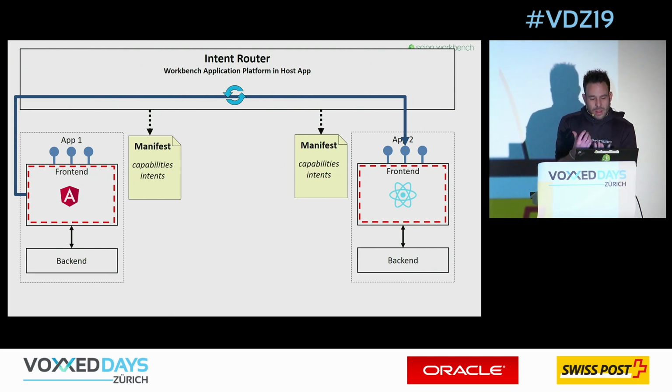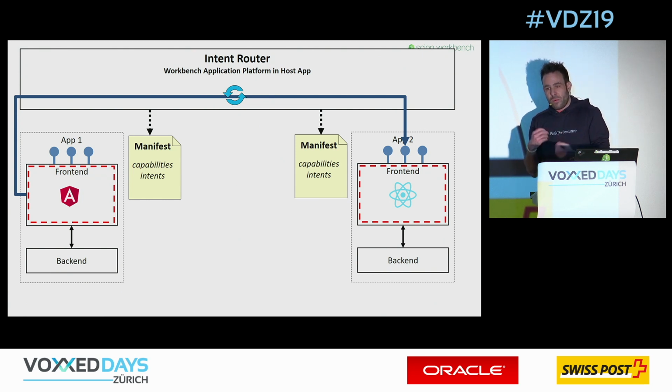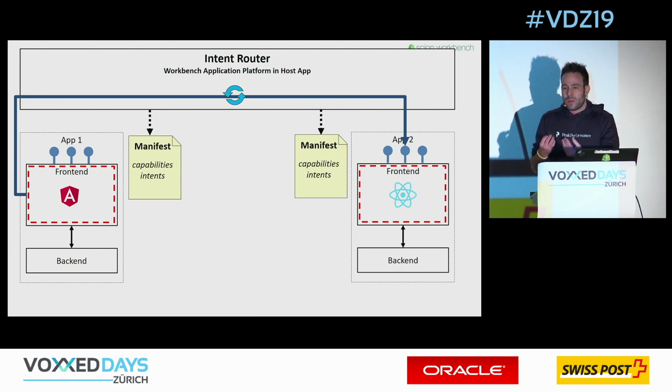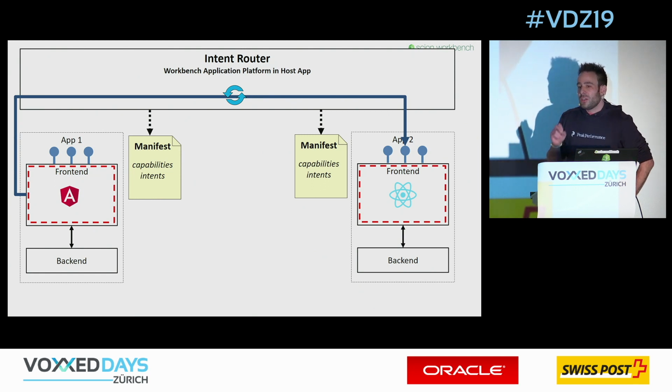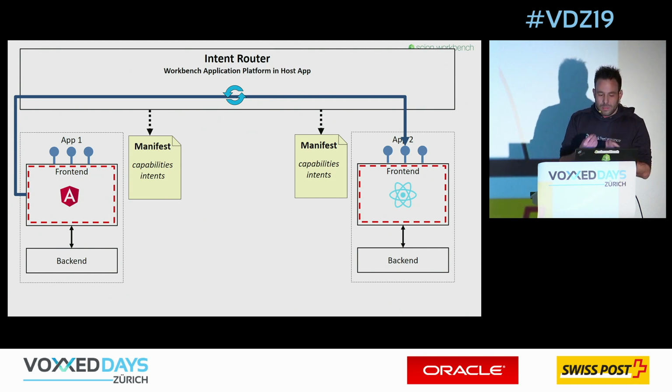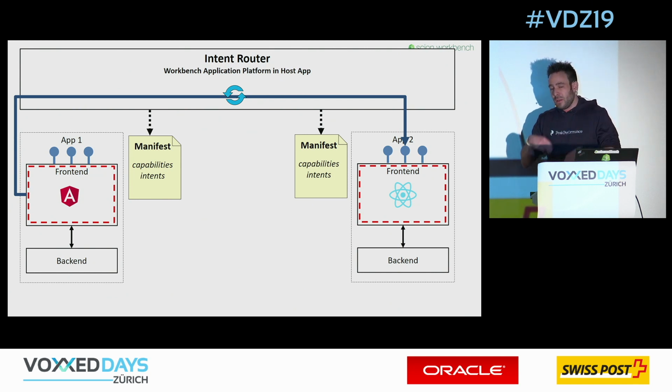Then the platform provides us with a way for the interaction, and that's the most important thing. So when application 1 wants to do something which it does not have the capability for itself, then it issues an intent to the host application where the Workbench application platform is installed, and that's like an intent router, because the host application knows all the manifests, it knows all the capabilities available in the system.